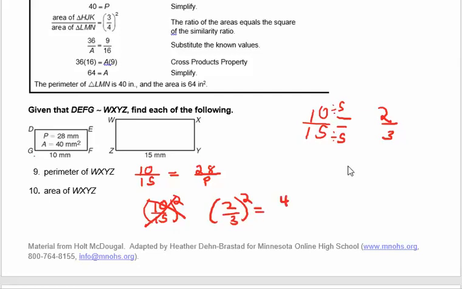When you square a fraction, you square the numerator and you square the denominator. So the square of 2/3 is 4/9. That's what the areas will be. You'll use that for your proportion for your areas. So the area of the small one was 40, and then you'll use that to find the area of the big one. So you still have to solve those.